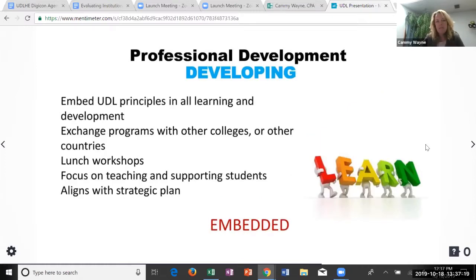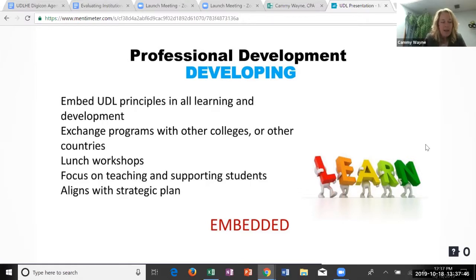From a developing standpoint, we're going to try to embed UDL principles into what the college is already trying to do. So in those required trainings, for example, we have online training that has to be completed if anyone's teaching blended or online classes, and we have a UDL module in there.